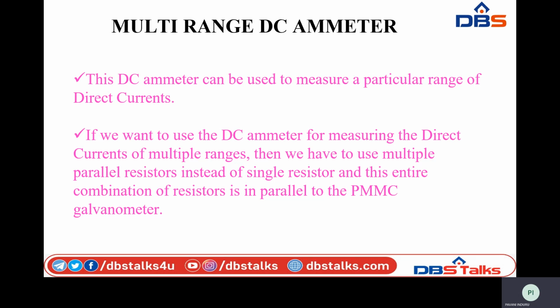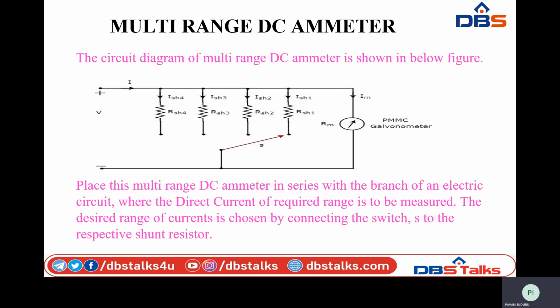The selection of different resistors is done with the help of a multi-range switch. So we can select the resistor by connecting the switch to the particular resistor, so that we can find out the amount of current flowing through that particular shunt resistor. This is the circuit diagram of a multi-range DC ammeter.